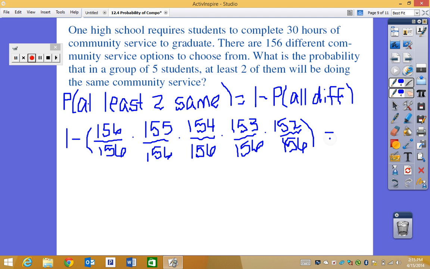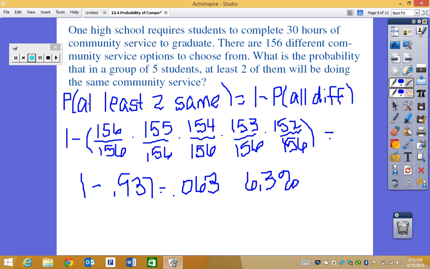That's going to leave us with 1 minus 0.937, which equals 0.063 or 6.3% that at least 2 of them will be doing the same community service.